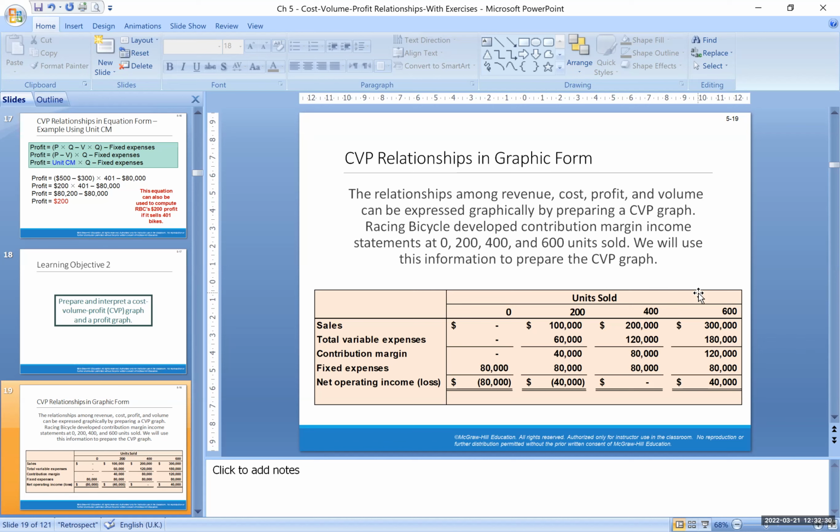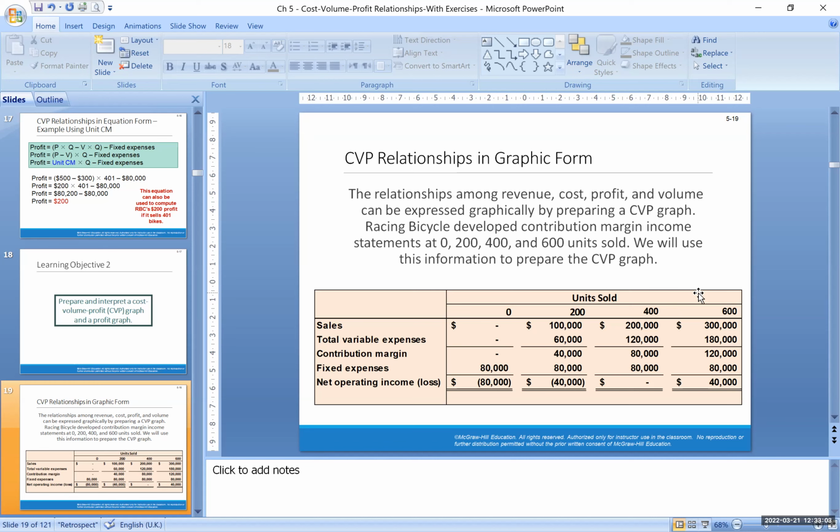The contribution margin is the difference between sales and total variable cost, which equals $120,000, minus the constant total fixed cost of $80,000. By doing that, we are recognizing a profit of $40,000.